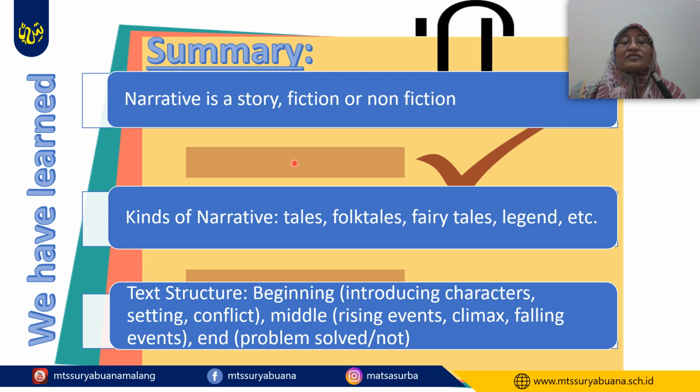And then kinds of narrative: they are fables, folktales, fairy tales, legends, etc. And the last part in this lesson was the structure of the story. They are beginning, middle, and end. I hope you have learned a lot about narrative text today.